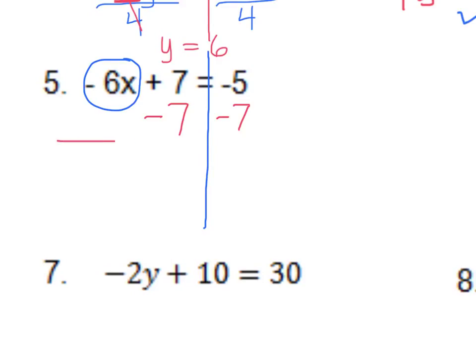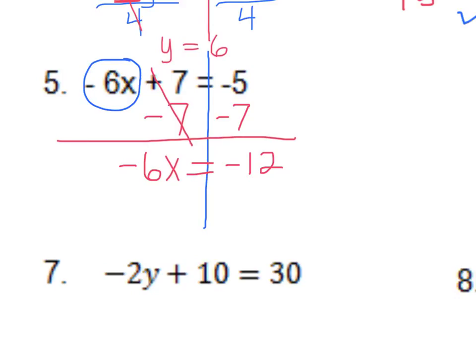Now I'm going to just draw my line. My two 7's cancel out. Plus 7 minus 7 is 0. So that leaves me negative 6x equals negative 5 plus negative 7 is negative 12. Okay, so now I look, everything is still simplified on both sides.